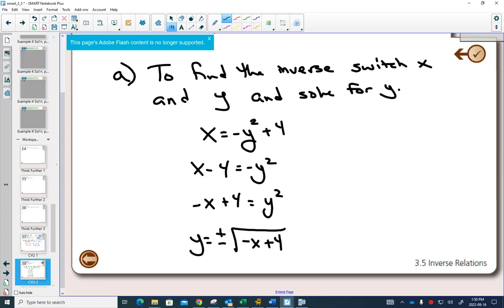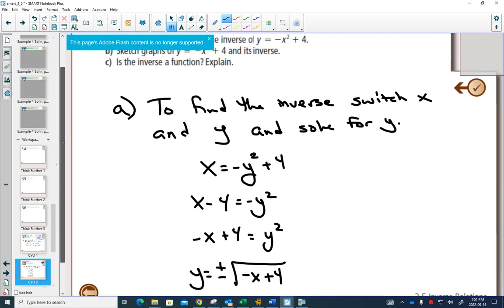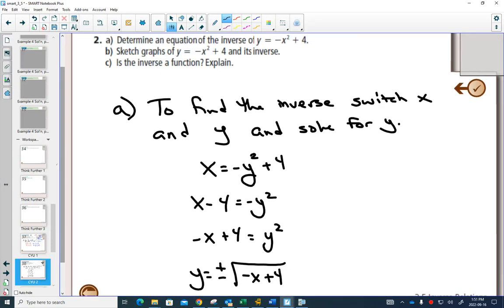Okay? Do you remember how to graph from this year and from grade 11 pre-calculus? If I was graphing from this year, I would say, do I know what a parabola looks like, just an x squared graph? What is the negative out in front? Vertical reflection. What is the plus 4? Vertical translation.